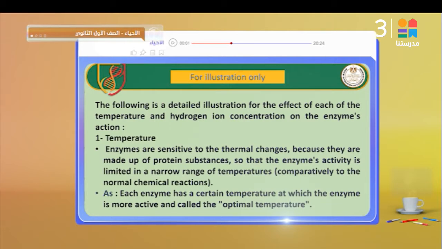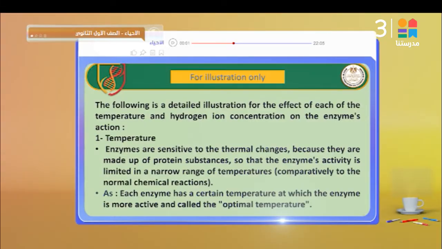So the enzyme activity is limited to a narrow range of temperatures compared to normal chemical reactions, as each enzyme has a certain temperature at which the enzyme is most active, called the optimal temperature. What is the meaning of optimal temperature؟ درجة الحرارة المثلى. Minimal temperatures درجة الحرارة الصغرى اللي هي أقل activity هتكون عندها درجة الحرارة. That's right.